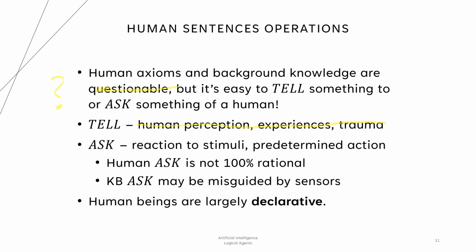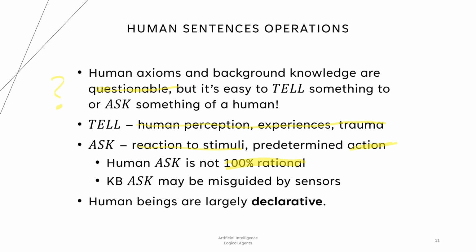And an ask is instead a reaction to something that happens, to new information that we calculate based off our KB. So when we get punched in the face, that's a reaction to stimuli. In that case, the human ask may not be 100% rational. Obviously, humans are a lot more complex, and we've got fight or flight and a whole other parts about us that is not just our brain.